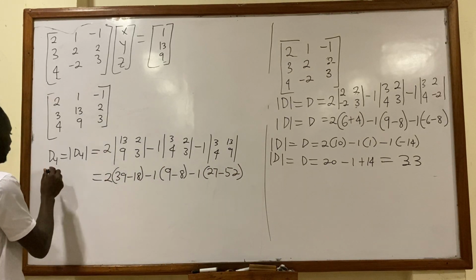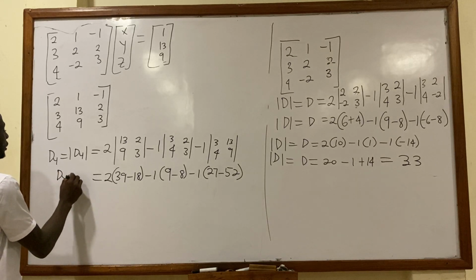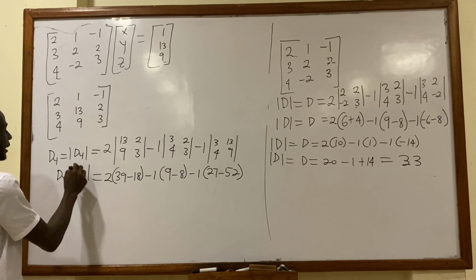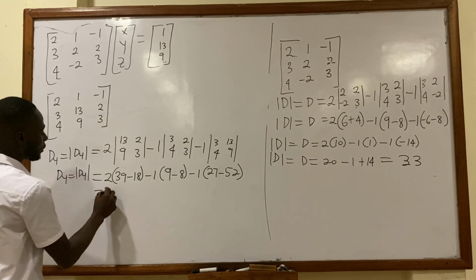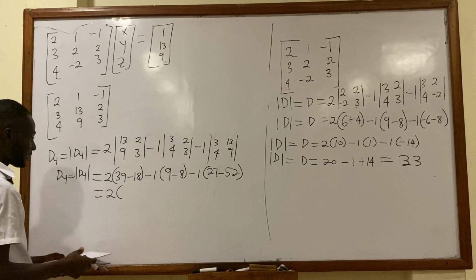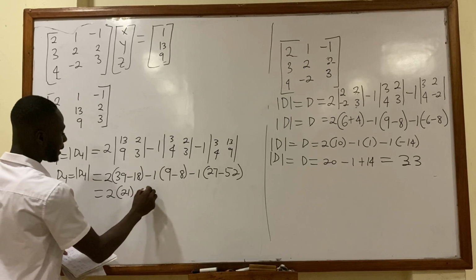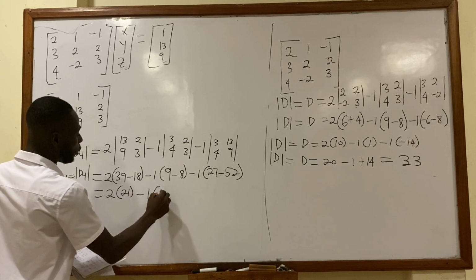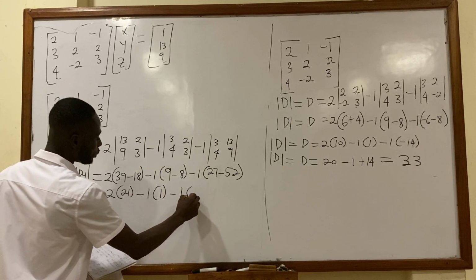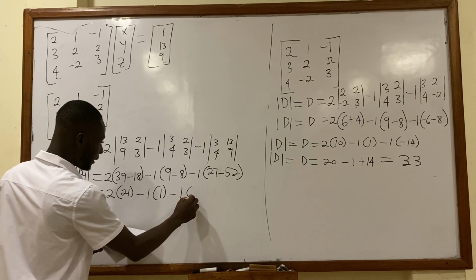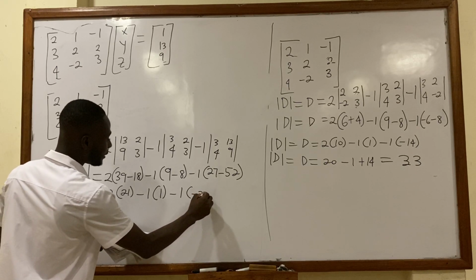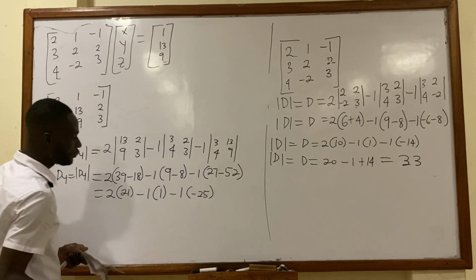So now the determinant of dy is equal to 2 into 39 minus 18, which is 21, minus 1 into 1, minus 1 into 27 minus 52, which is minus 25, right?